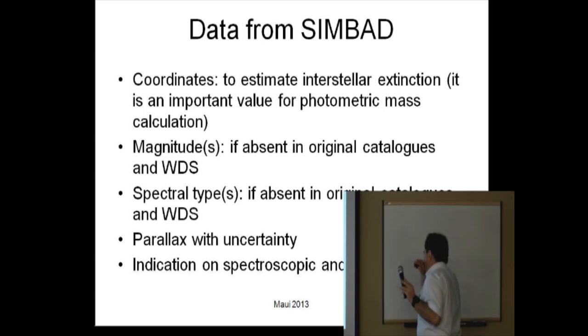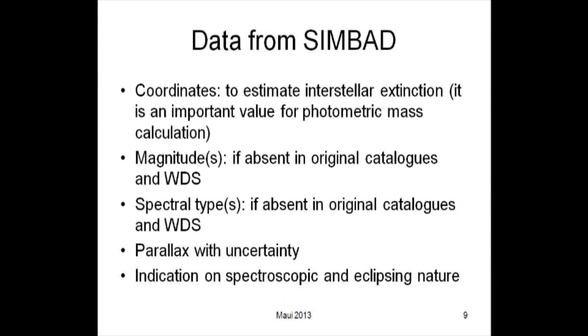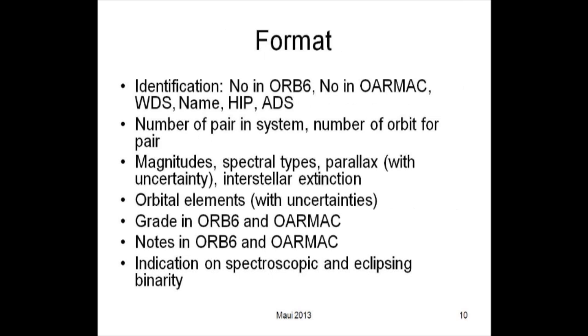These data are the following: coordinates, which will be useful in the next stages to estimate interstellar extinction; magnitudes and spectral types, if they were absent in the original catalogs and WDS. We took new refined parallaxes from the SIMBAD database, and again we took some notes or remarks about spectroscopic and eclipsing features in the systems. That means that sometimes it is not a double but a system of higher multiplicity.